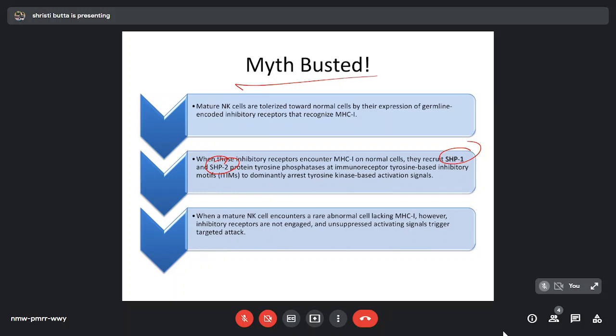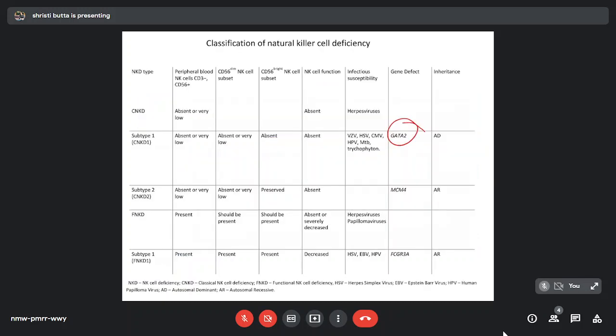Functional NK cell deficiency particularly happens when these NK cells are present but they are functionally absent. So that happens when they are functionally defective. Infectious susceptibility involves herpes virus, herpes simplex, Epstein-Barr virus, human papilloma virus, etc. The genes that are classically defective in classical natural killer deficiency are basically GATA2 and MCM4.